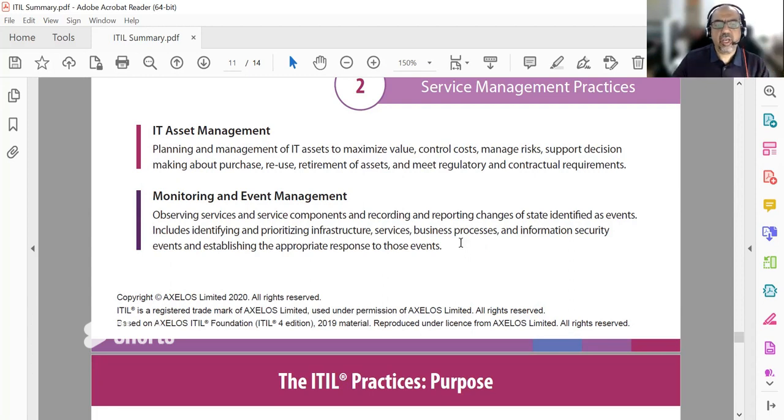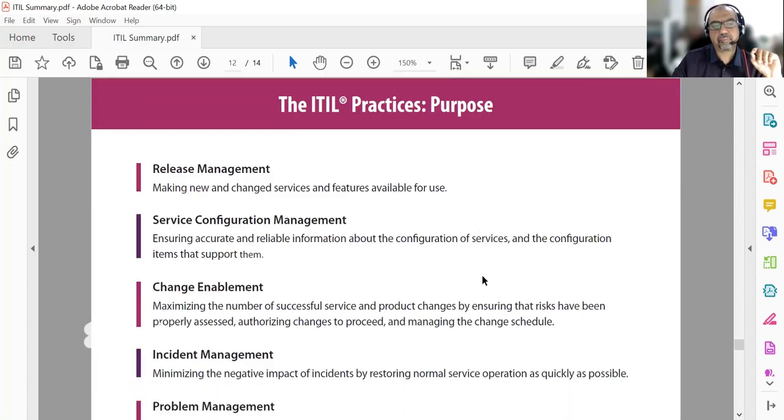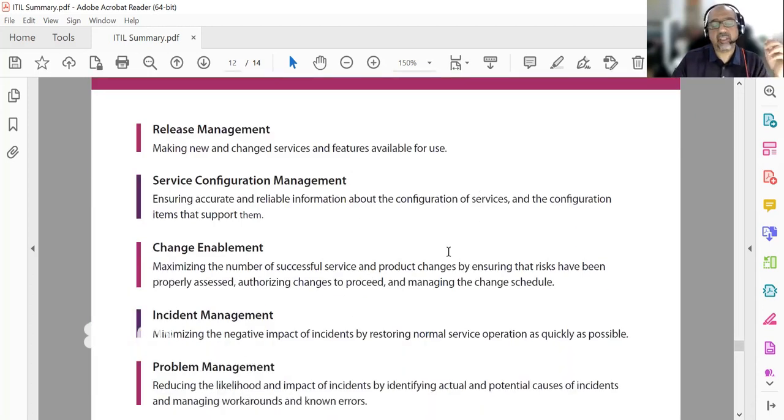So we have monitoring and event management, which may lead to specific incidents and or problems. Release management practice. Here we are making new and changed services ready, available for use.